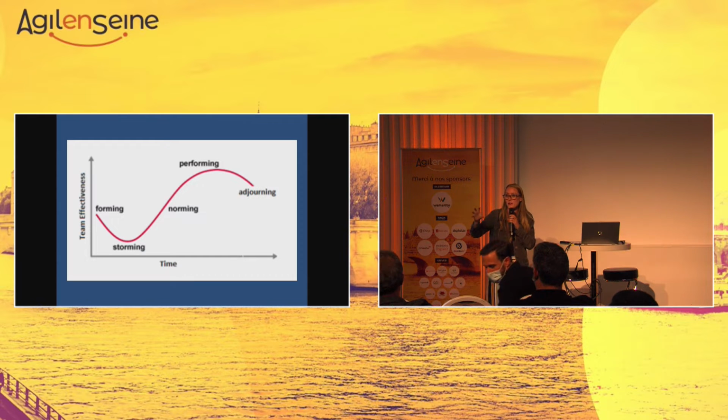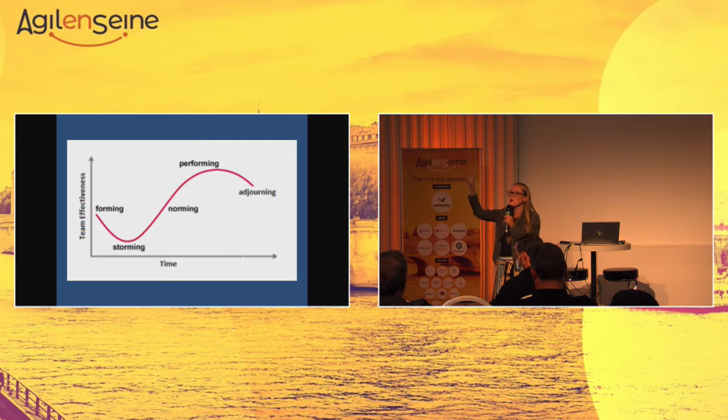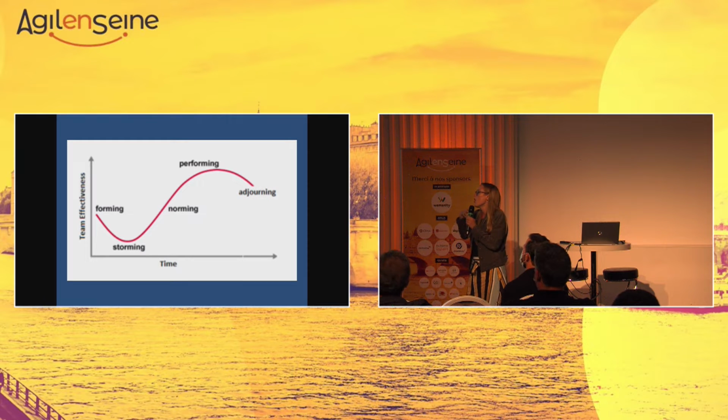We were coming together, and this is Tuckman's model of a team, we were discovering the best way that we could lead projects. We went through a storming phase. We had a lot of questions. And then we went through a norming stage and we said, okay, this is the way that we are going to work. And then we entered into our performing stage where we were performing at our highest level.